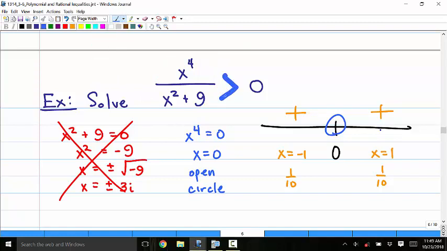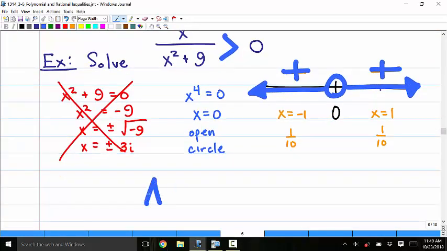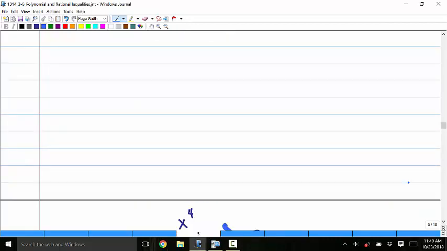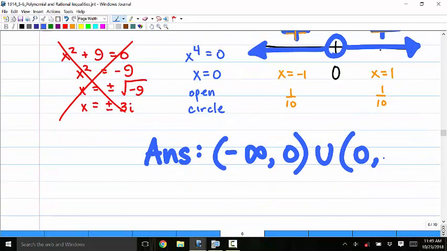I want greater than. I want the pluses. I want this piece and this piece. I do not want the 0. My answer will be parenthesis negative infinity to 0, kick 0 out, and go all the way up to infinity.